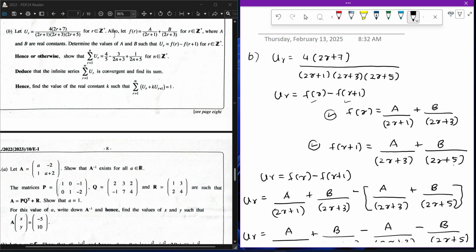So if r plus 1, here you can see this a value takes the value 3, and once you substitute this n plus 1 in terms of this fr plus 1, you are able to write it down. So we'll directly substitute here.